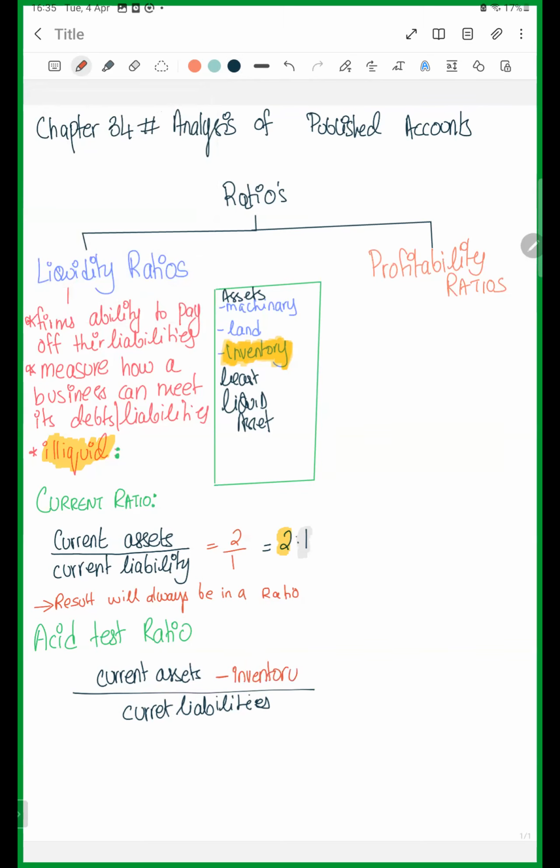That is what gives you a clearer picture.